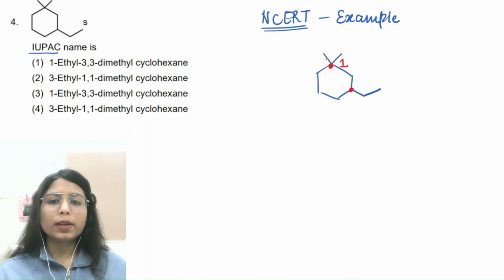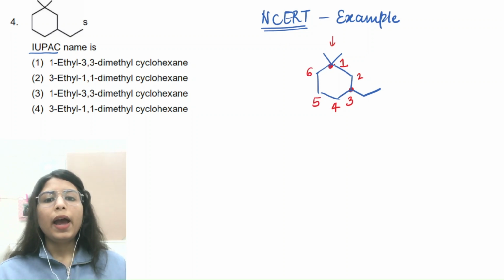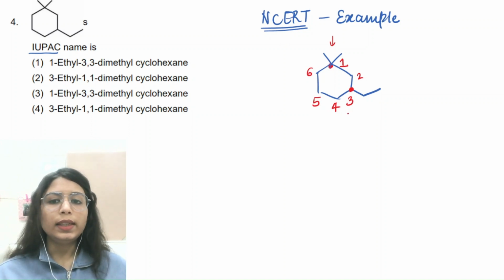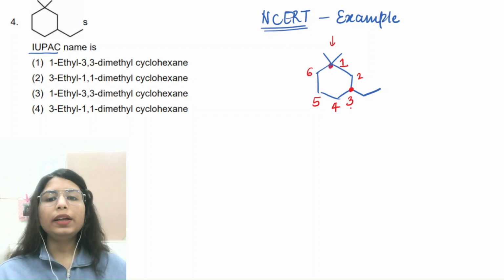Since two substituents are located at this position as compared to the third position which contains only one substituent, you will start the numbering from there, and number it in such a way that all the substituents get the least set of numbers. So the least set of numbers is 1 and 3.